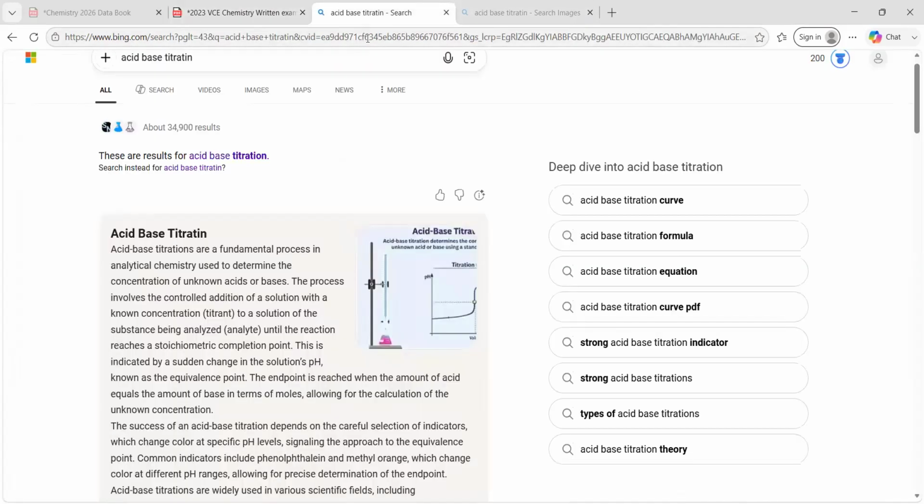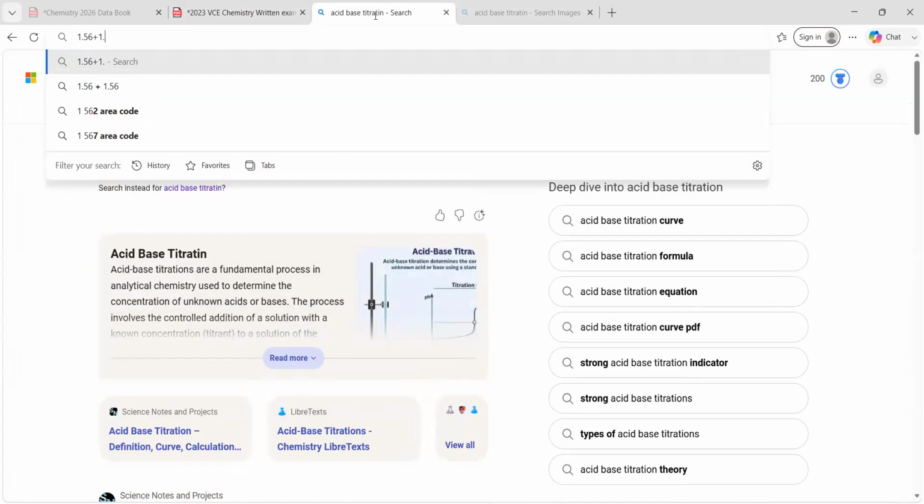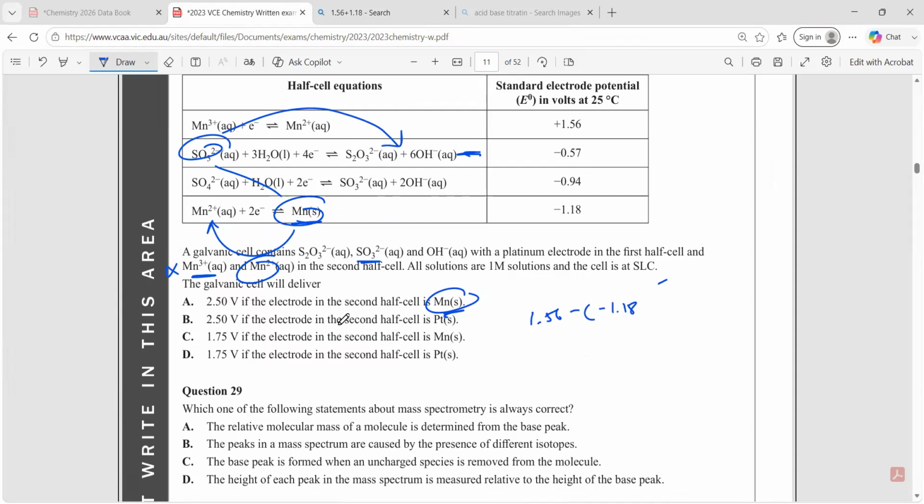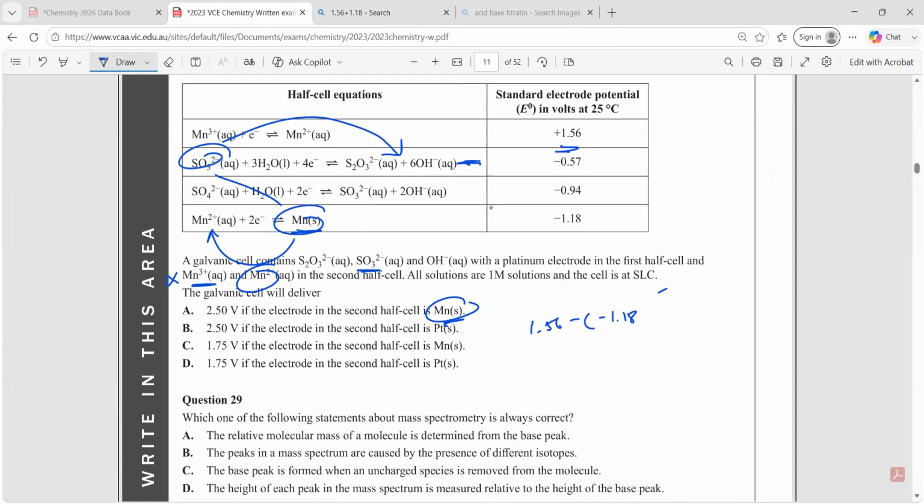What's 1.56? 2.74. What? Oh, wait, sorry, this reaction and this reaction. 1.18, sorry, minus 0.57.